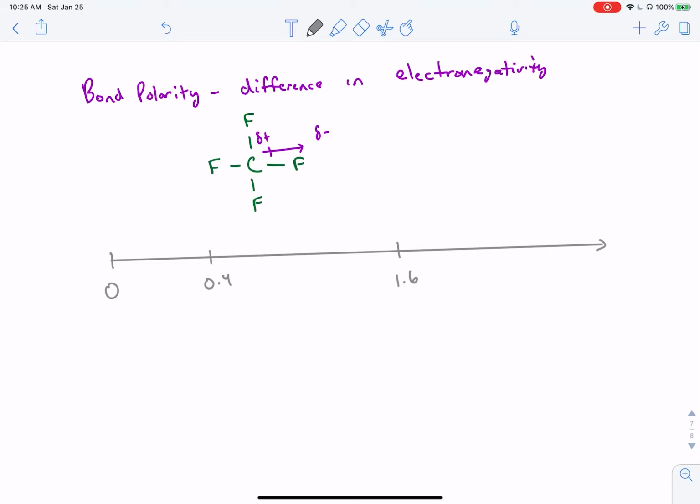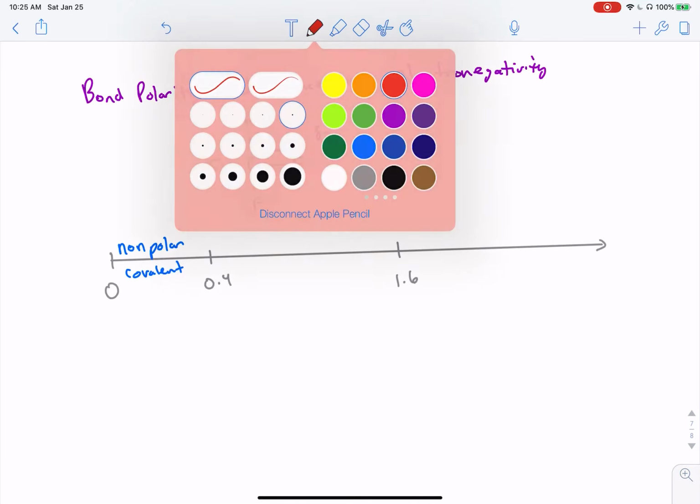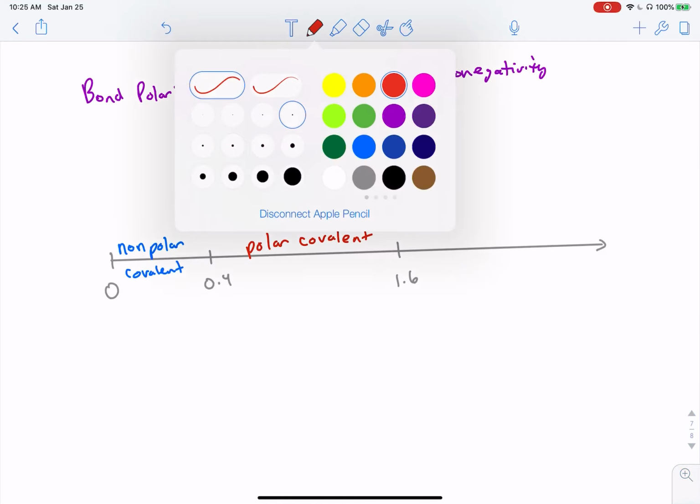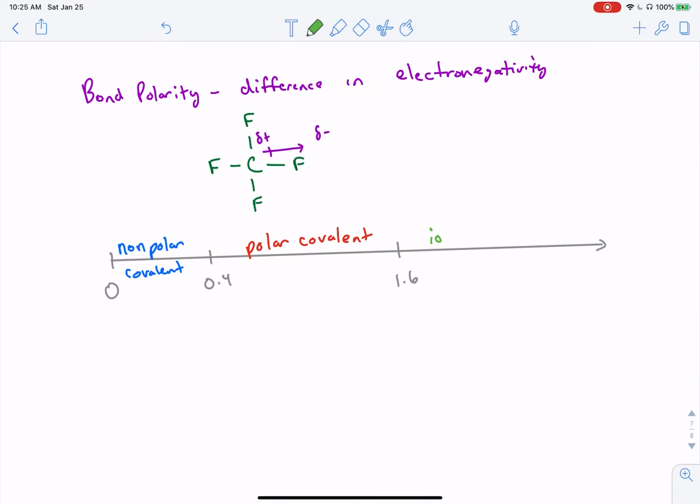What you want to think is that something that's very close to 0 is a nonpolar covalent bond. And somewhere in here is a polar covalent bond. And technically, this one is called ionic covalent. I know it seems kind of like a contradictory statement, but technically every bond is slightly covalent. Even the most ionic one, nothing is purely ionic. So we call it ionic covalent.